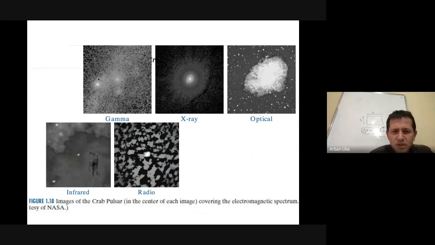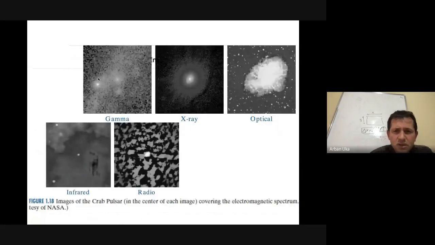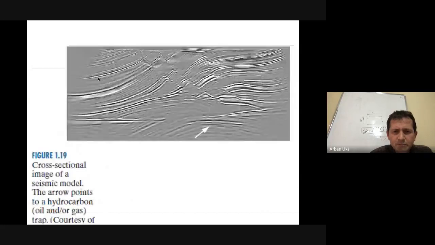Now we are moving into space, and so we use gamma. It's the same object we want to observe, and we try to pick it up with gamma ray, X-ray, optical, infrared, and radio. And as a function of wavelength, we can decide which wavelength is the most appropriate to pick up this Crab pulsar, which is a stellar constellation.